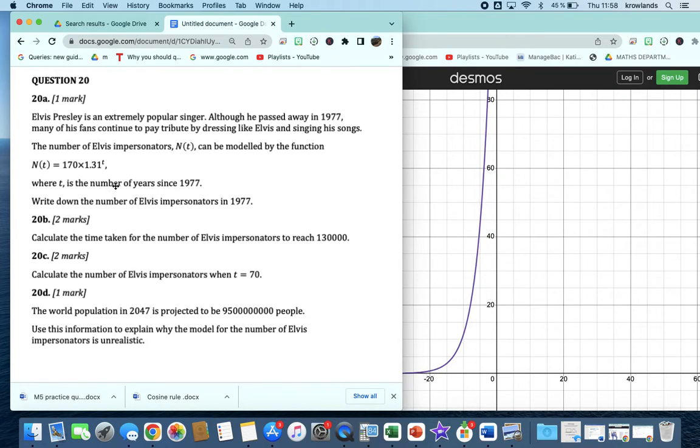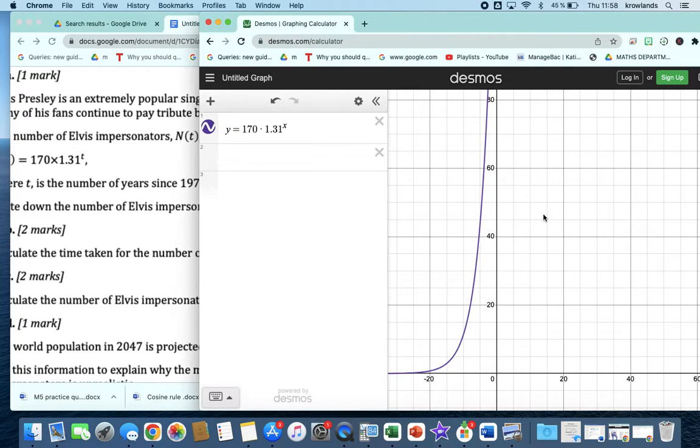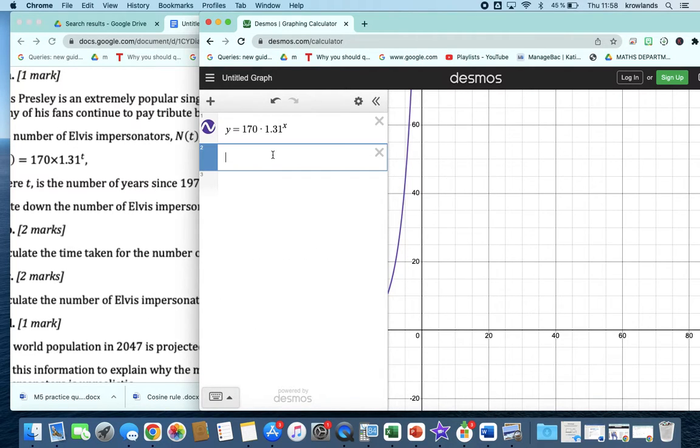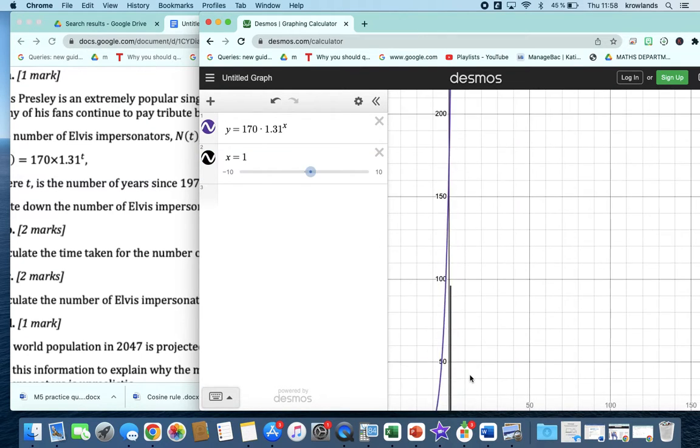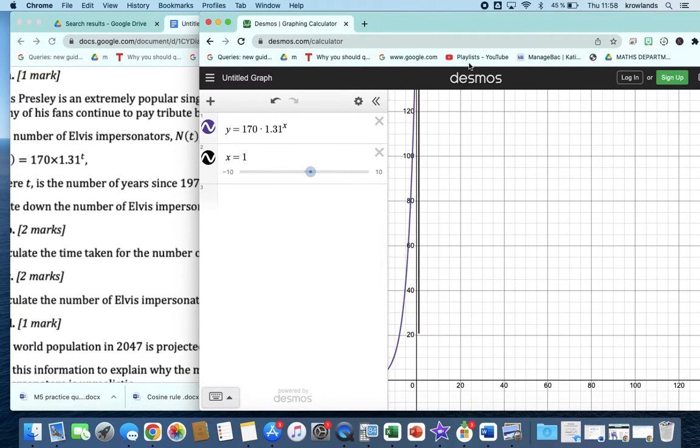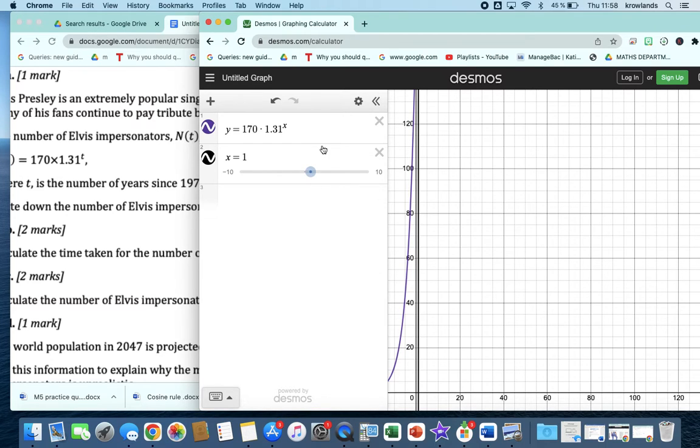We know that if we write down x is equal to 1, that would be the number of Elvis impersonators in 1978, where these two graphs intersect. And then if we wrote x is equal to 2, this would be the number of Elvis impersonators in 1979.